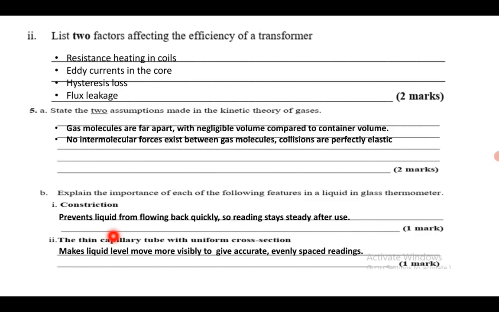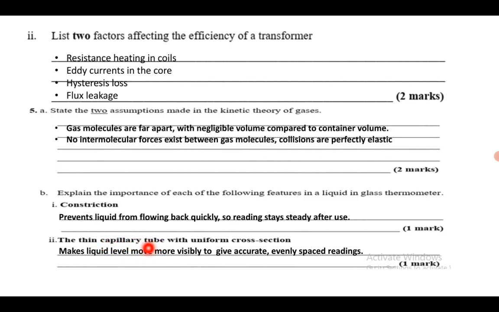It has a thin capillary tube with uniform cross section. Alright, so the thin capillary tube makes the liquid level move most visibly to give accurate, evenly spaced readings. So in other words, it is for us to be able to take a reading.